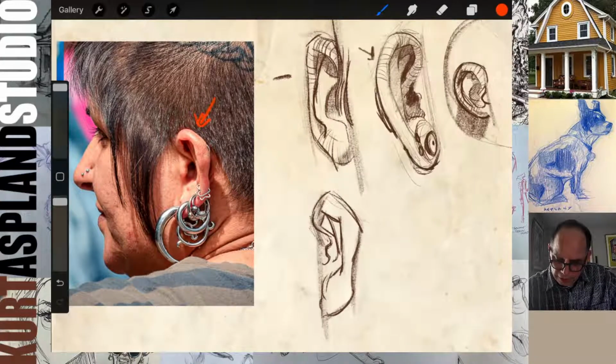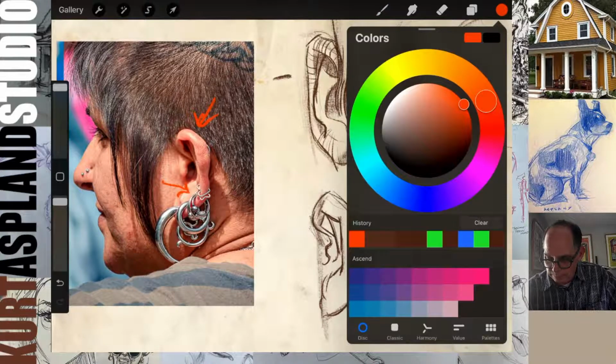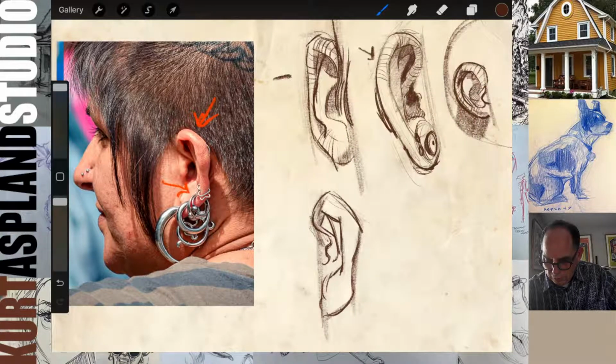Look at, there's the brightest point. There's the brightest point on the ear there and on the inside right here. Okay, so let's do that. Let's just tone everything back except those two areas.